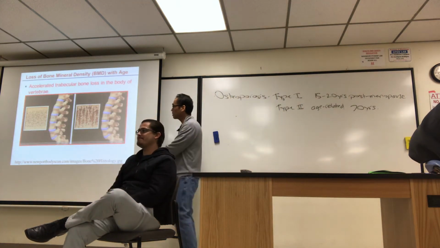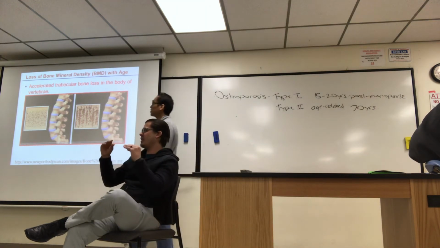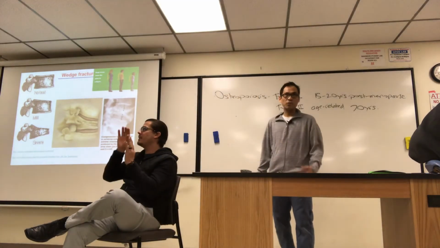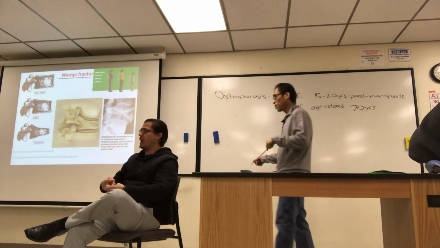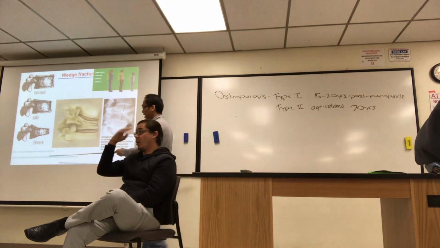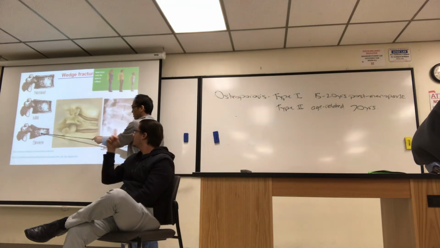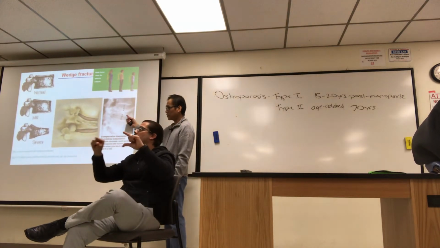Now here's a picture of low BMD in the spongy bone of your spine. And here are some pictures of normal versus fractured vertebrae. They're called wedge fractures. So know what a wedge fracture looks like. I haven't taught the skeleton yet, but it's not hard to know that that's normal and that's severe, right? And you can see how it wedges in.